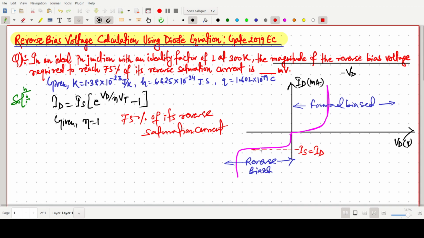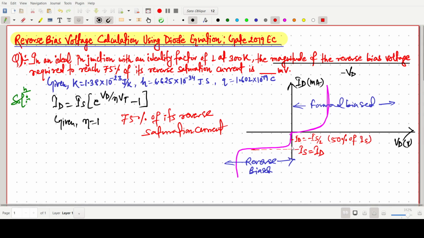So this point is ID equals minus Is, and this point in the middle, we can say the ID value is minus Is by 2, meaning 50% of Is.